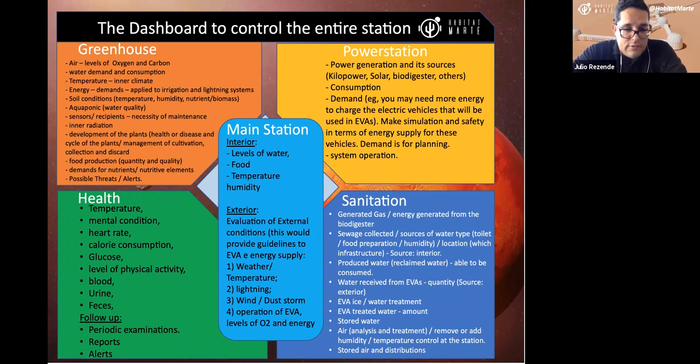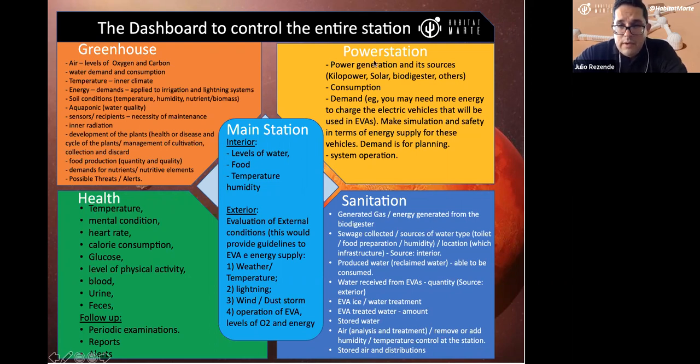If an astronaut is doing extravehicular activity and is suffering a heart attack, it's very important that we know about this situation or other threats to the astronauts, in intravehicular activities and also in extravehicular activities.